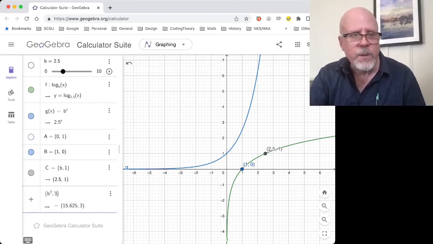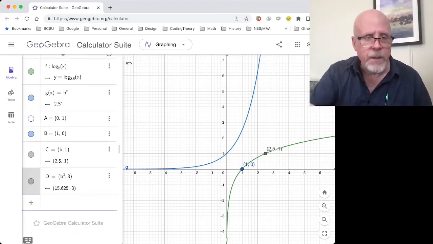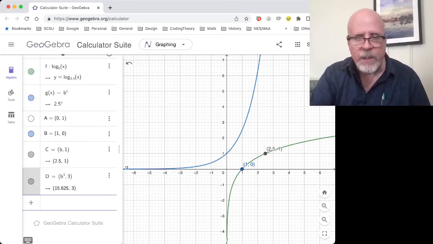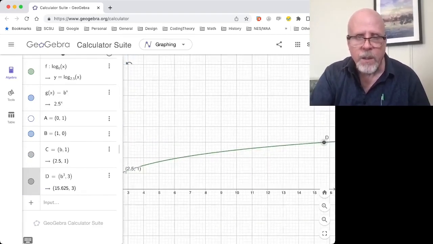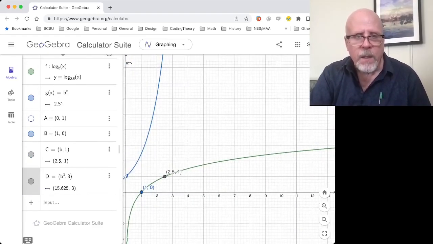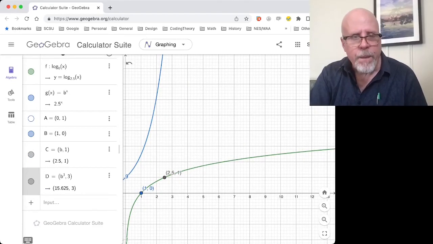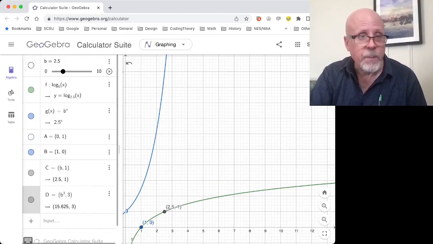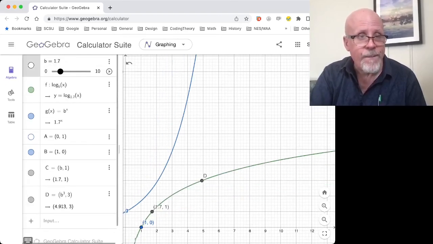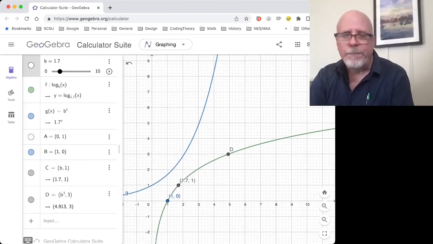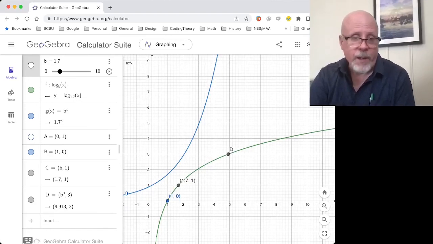Is that a point on this graph? It is, but you see the x-coordinate is like 15, so it's way over here. As I change the value of b, though, I can probably draw it in closer. Like if I need to make b smaller, don't I? There you go. Now it's visible right on the same screen. Anyway, definitely going up from the one we were looking at, right? We started with this point, go to a slightly larger x-coordinate, you've got higher y values.